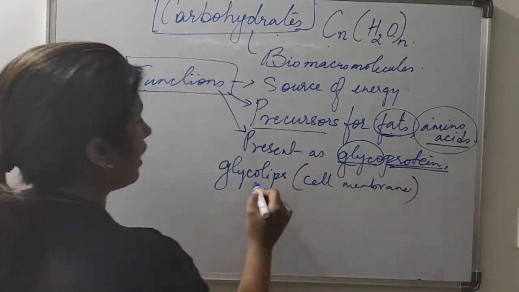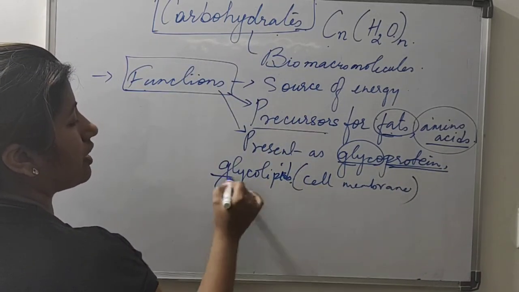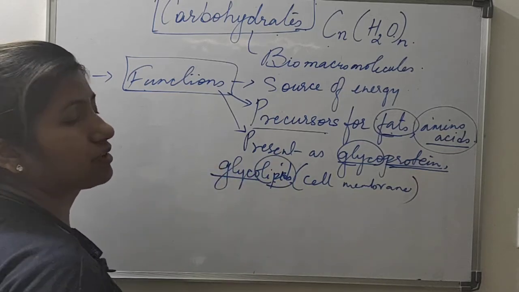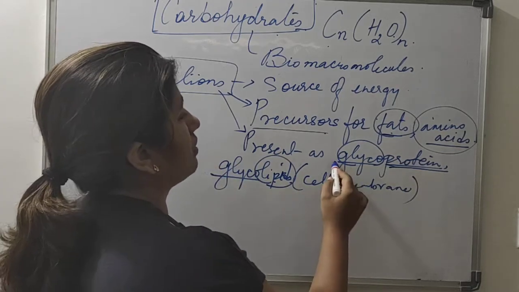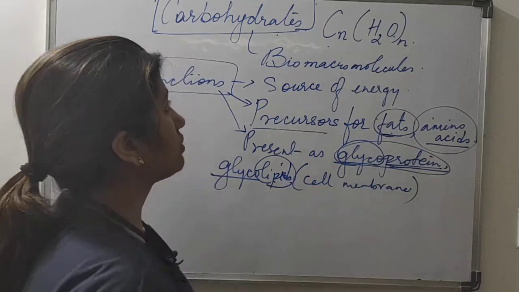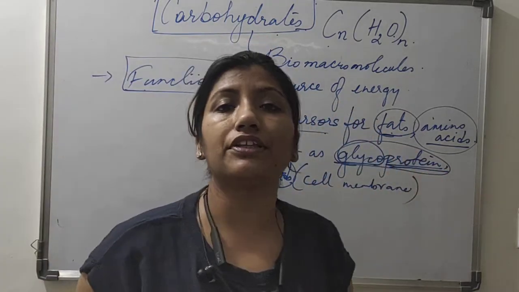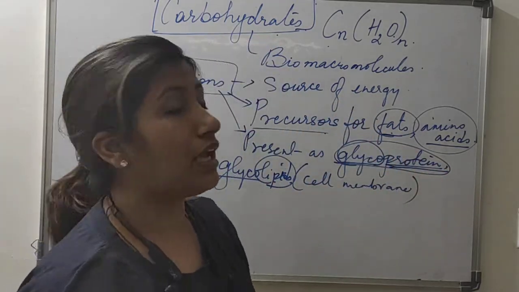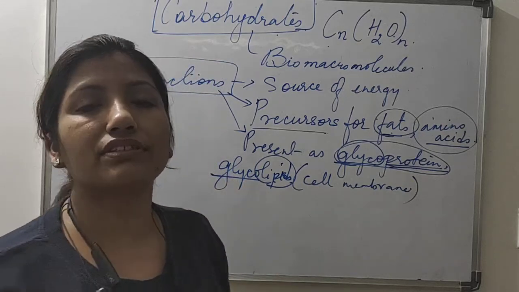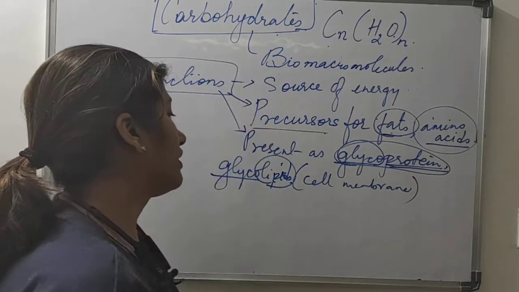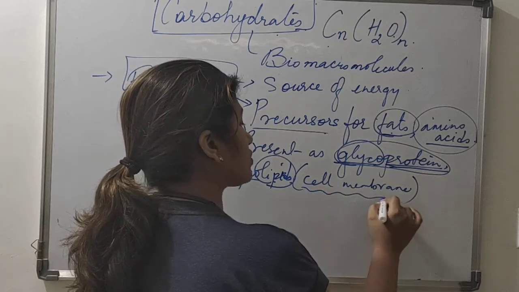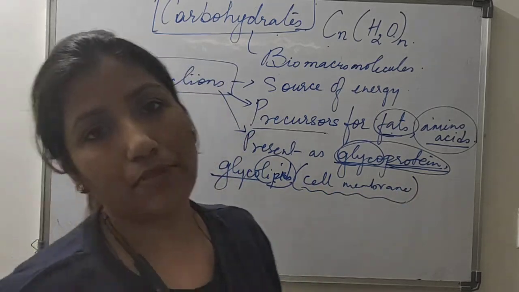Carbohydrate associating with protein forms a compound called glycoprotein. Carbohydrate associated with lipids forms glycolipids, and then they form a structural unit of the cell membrane.